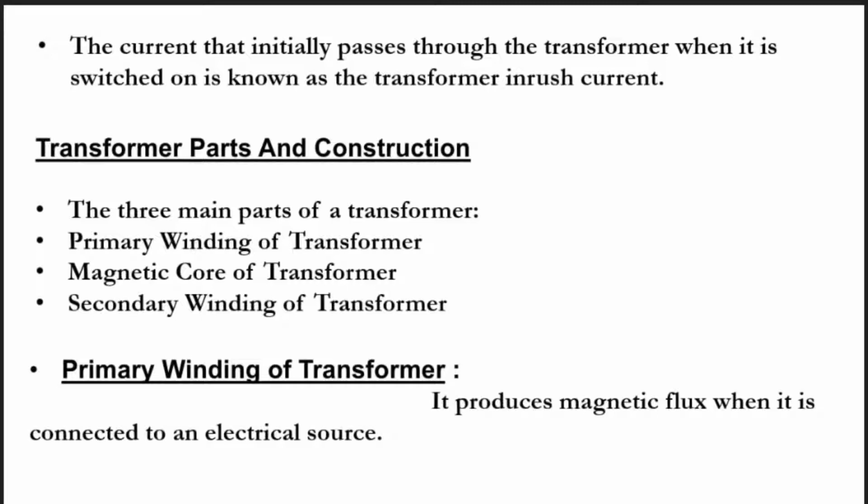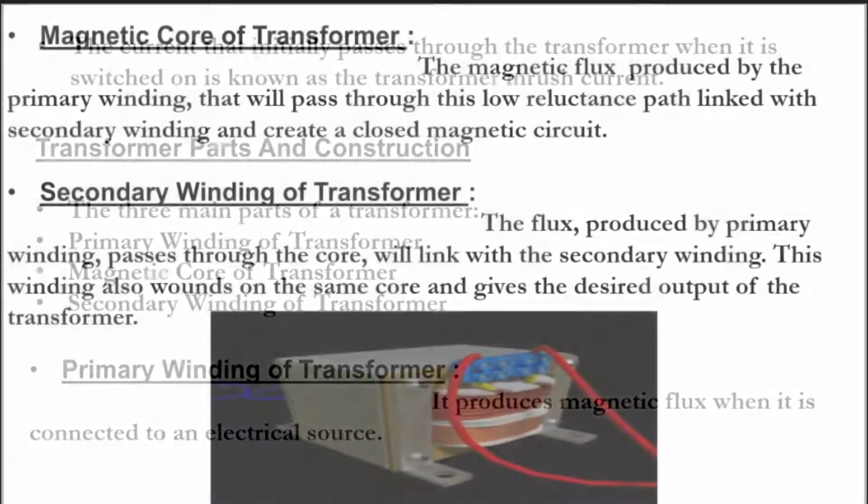Transformer parts and construction. The three main parts of a transformer are the primary winding, the magnetic core, and the secondary winding. Primary winding of transformer: it produces the magnetic flux when it is connected to an electrical source.